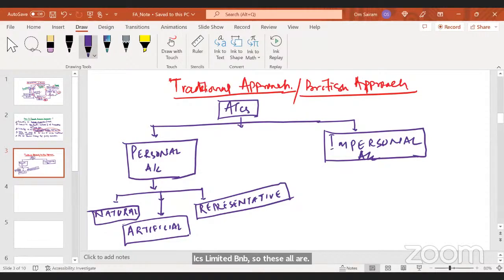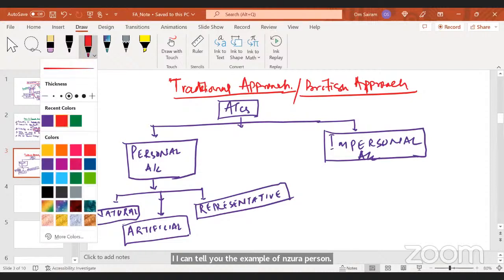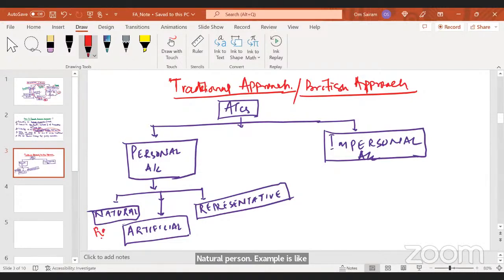Again, representative person means what? These are the type of personal account which represent a particular person, either a natural person or an artificial person. Example of a natural person is Ram account, Sita account, etc. Artificial persons like X Limited, BMC, Bhubaneswar Municipal Corporation, CMC, SBI.